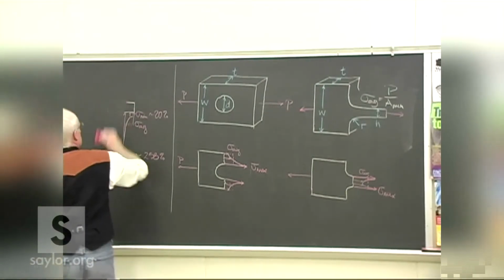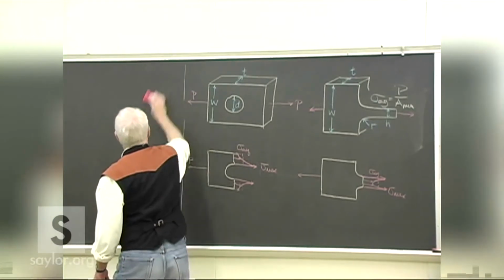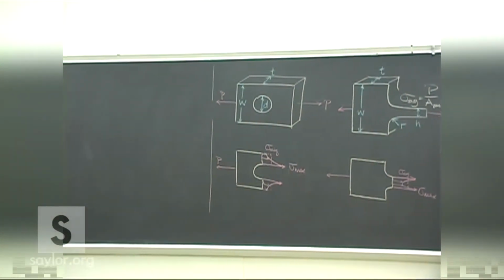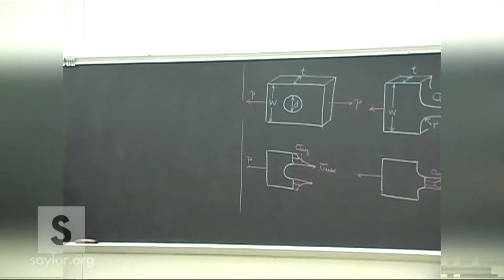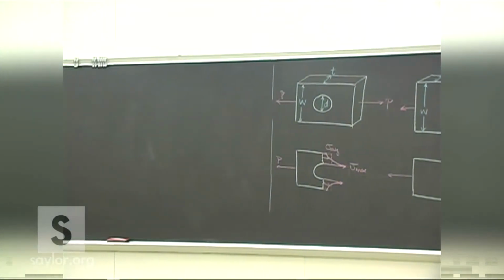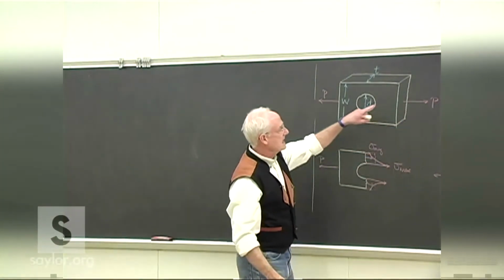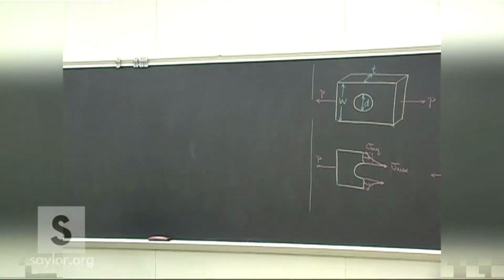So, how do we take this into account? It's grand that Saint-Venant told us about it, that there are places where the average stress is insufficient to predict the maximum stresses, but how do we take these different geometries into account?